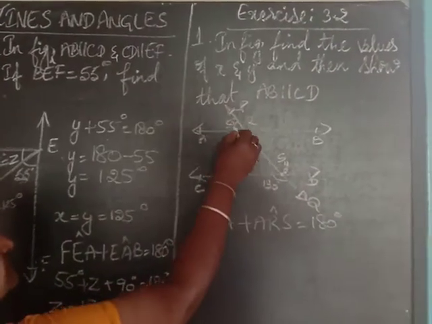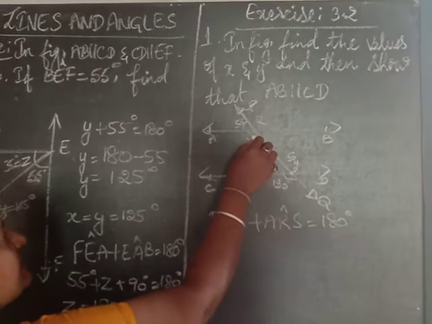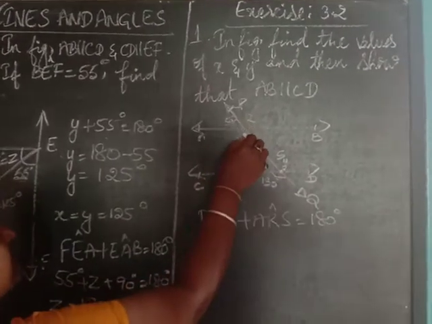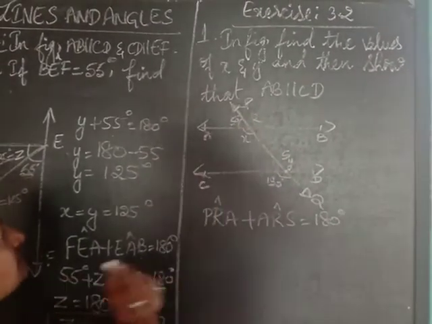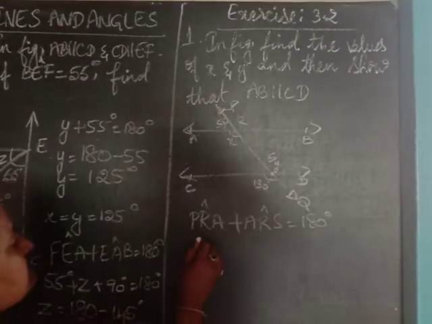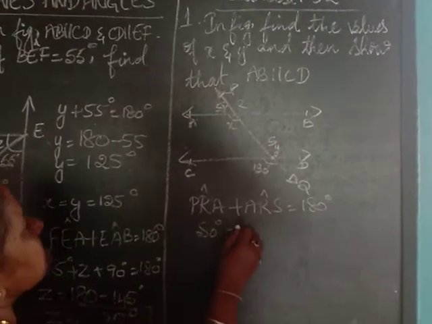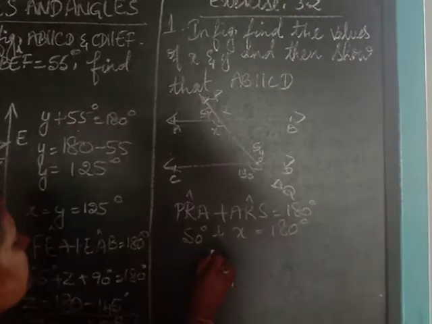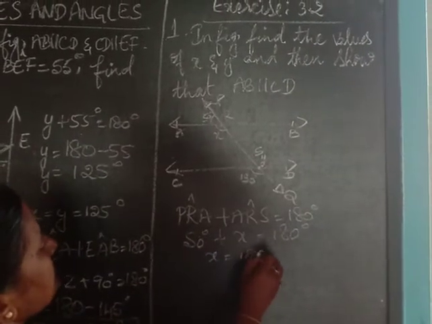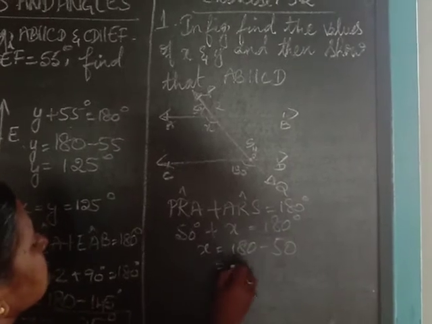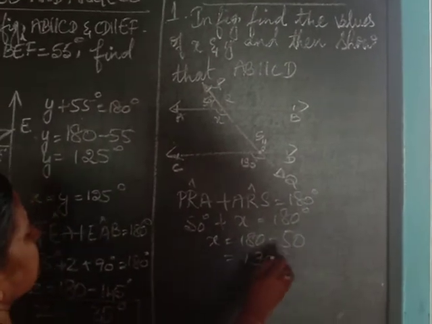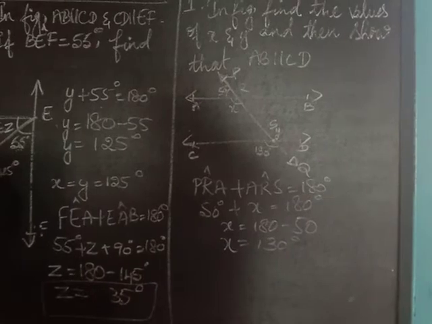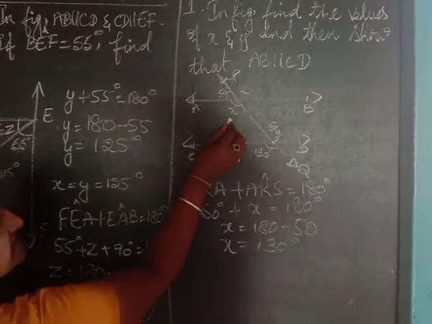Okay children. So here these two are adjacent angles on a linear pair. So here PRA is 50 degrees plus ARS is x is equal to 180 degrees. Now x is equal to 180 minus 50, that is equal to 130 degrees. X is equal to 130 degrees. Now just observe here, this is x and this is y.